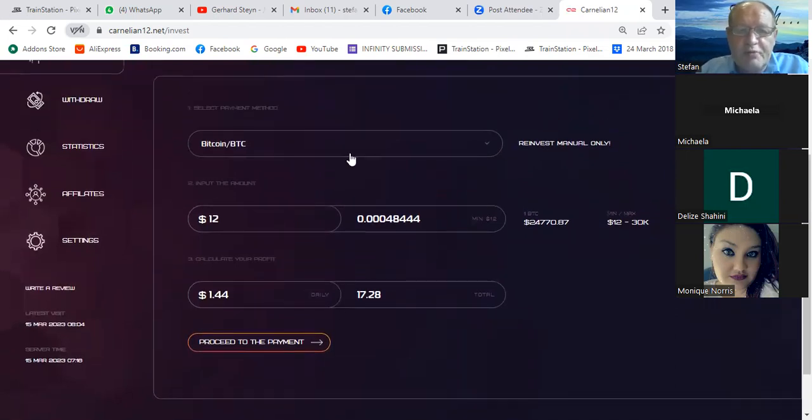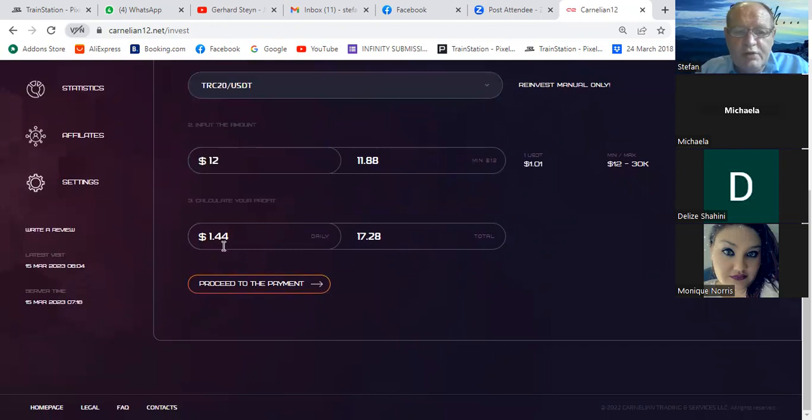Now, this is where a lot of people get all haywire and confused. Let's use USDT, and you put in $12. You're going to get back $1.44 every day. It's $17.28 in total. Important to remember that is at the exchange rate at that stage. You will see here the current exchange rate for $1 US or USDT is 101.